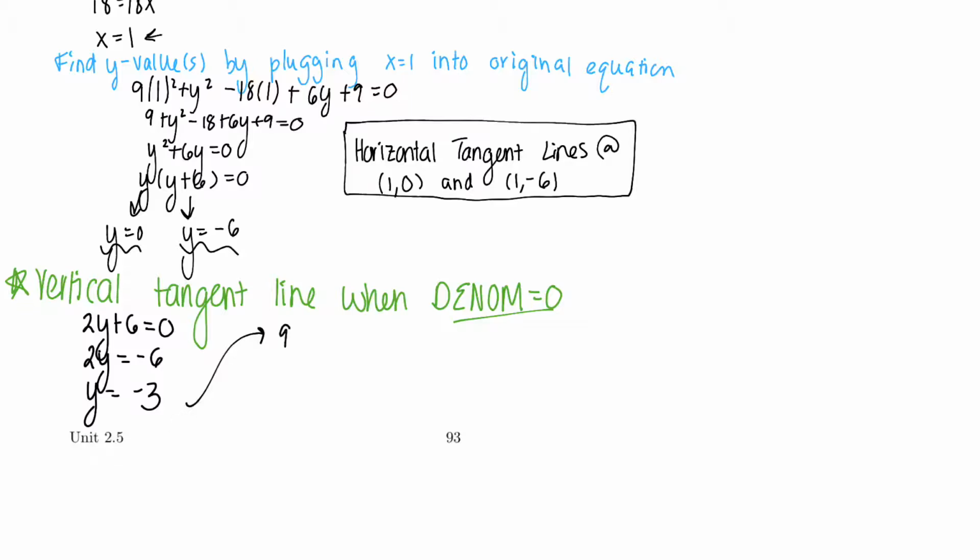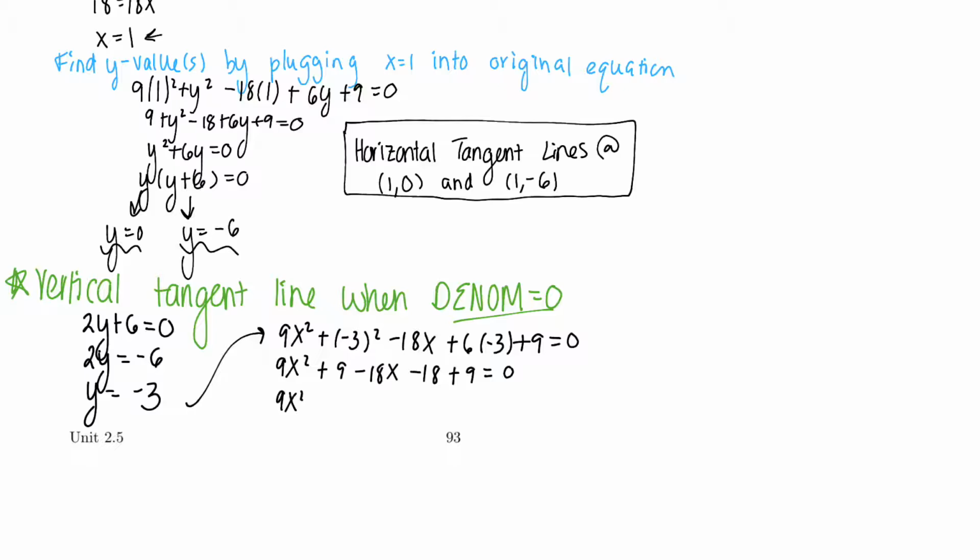So we have 9x squared plus negative 3 squared minus 18x plus 6 times negative 3 plus 9 equal to 0. 9x squared plus 9 minus 18x minus 18 plus 9 equal to 0. 9 plus 9 minus 18 is 0, so those cancel.